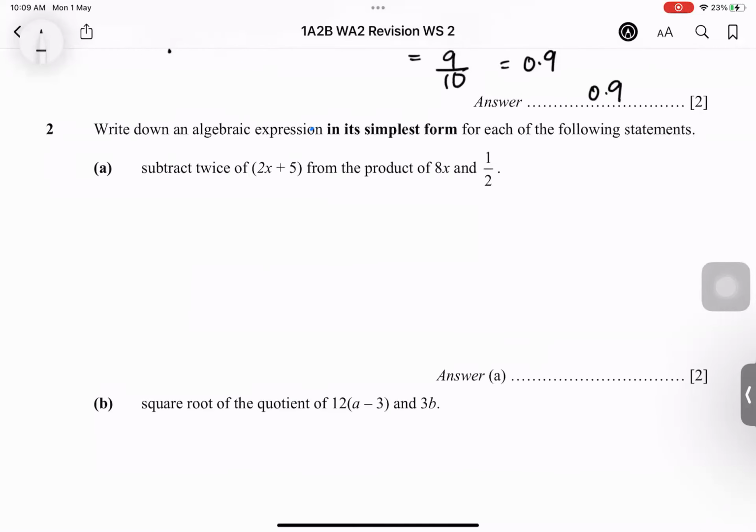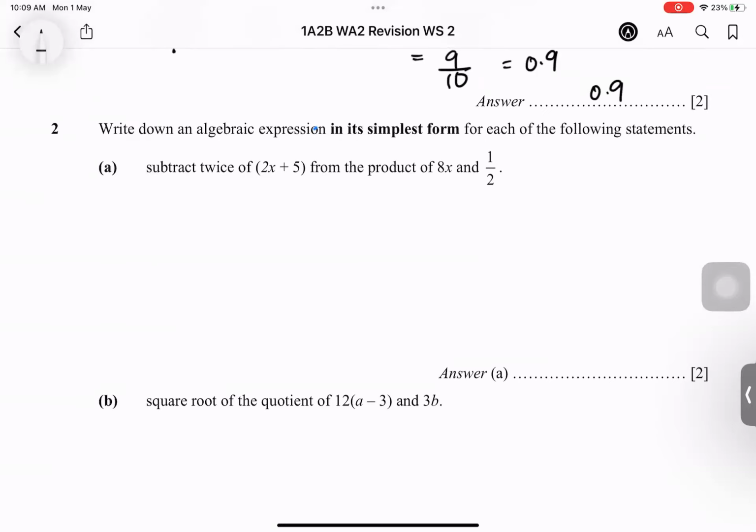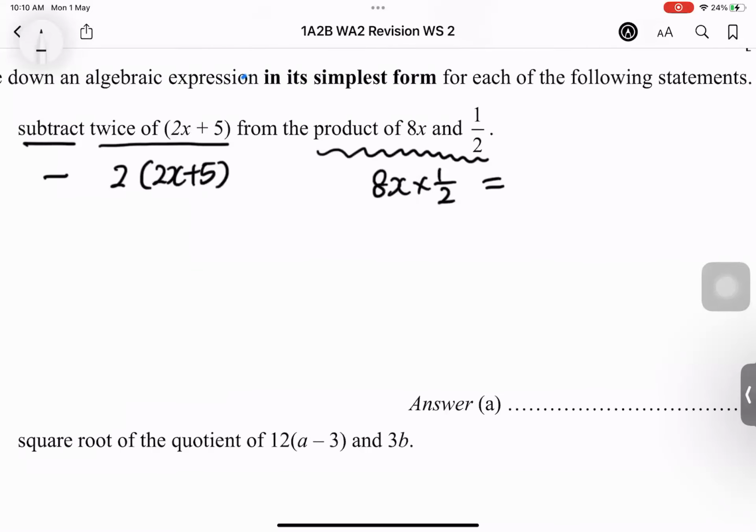Next question over here. Write down an algebraic expression in the simplest form. So all of you write down your answers also. Subtract twice of 2x plus 5 from the product of 8x and half. What is 8x times half? 8 times half gives you 4, so this is 4x.